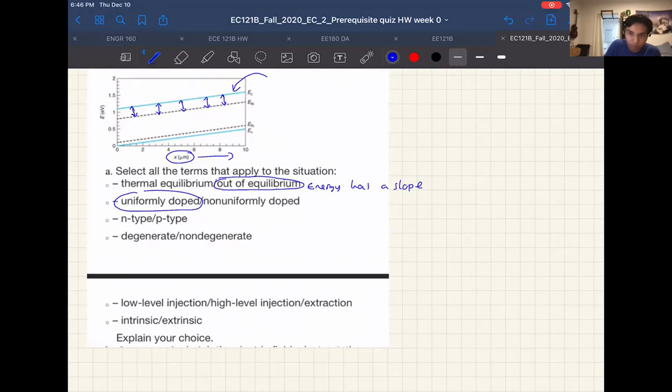Is this distance bigger or smaller than this distance? Obviously the one that's closer is the one that has more doping. So just because you're closer to the valence band, it's safe to say that that's a p-type.